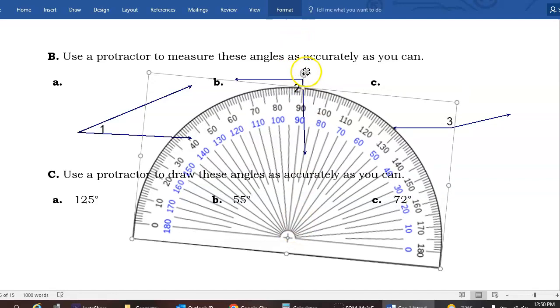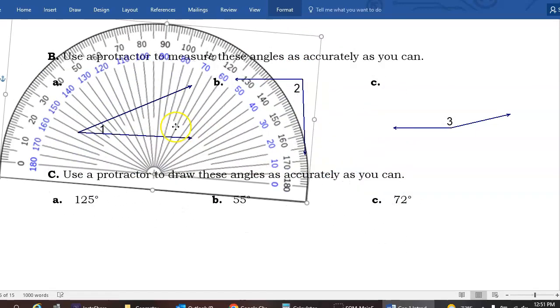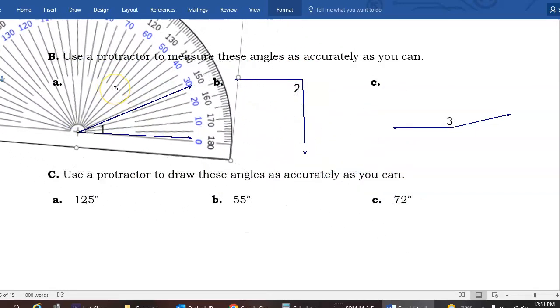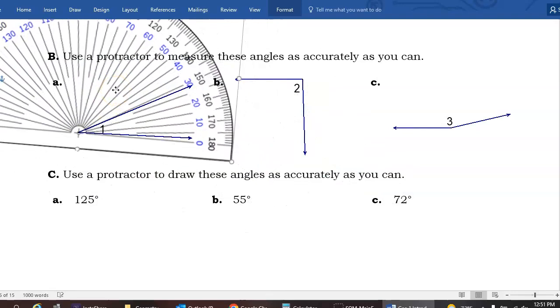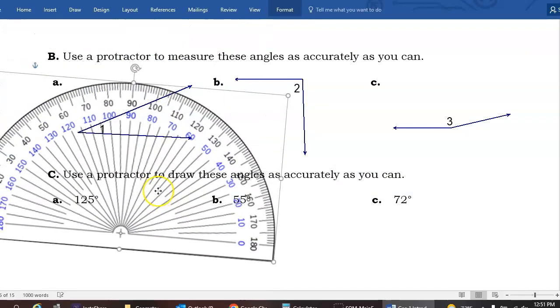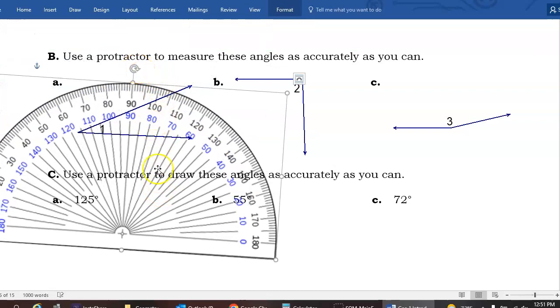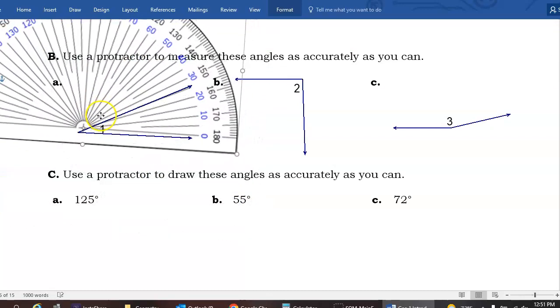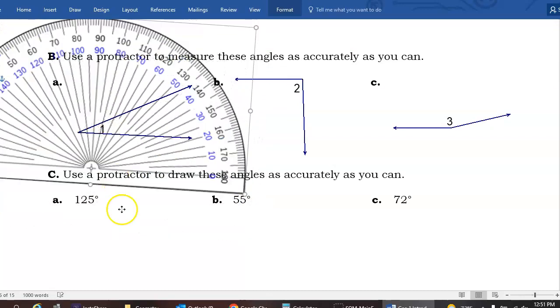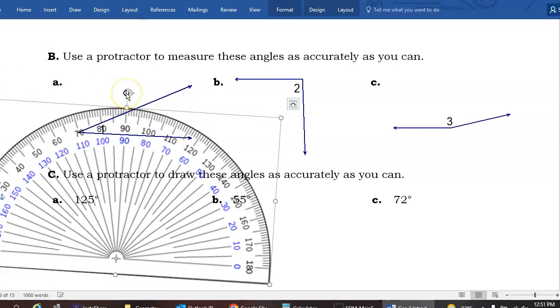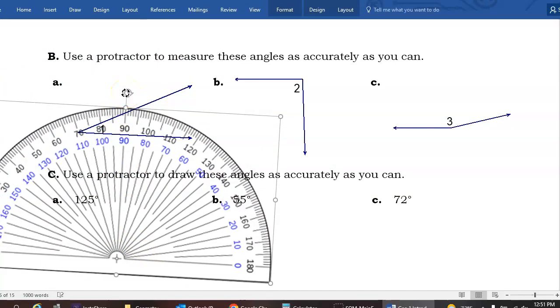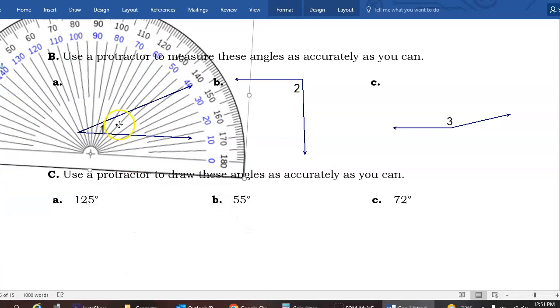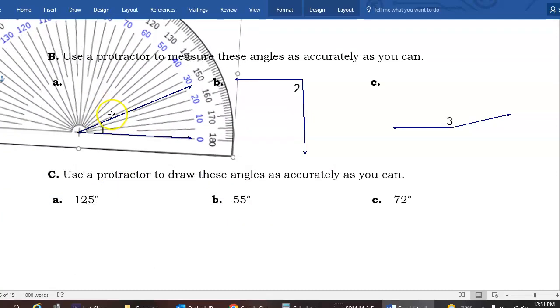So I'm going to try to turn this. Like I said, step 1, line up your vertex. Step 2 is line up your 0. And it's just because my little turn thing goes off the screen when I do this that I'm kind of adjusting it, sliding it back, adjusting it, sliding it back. But if you have this actual protractor on your paper, it's much easier to line up the vertex and then give him a little spin.